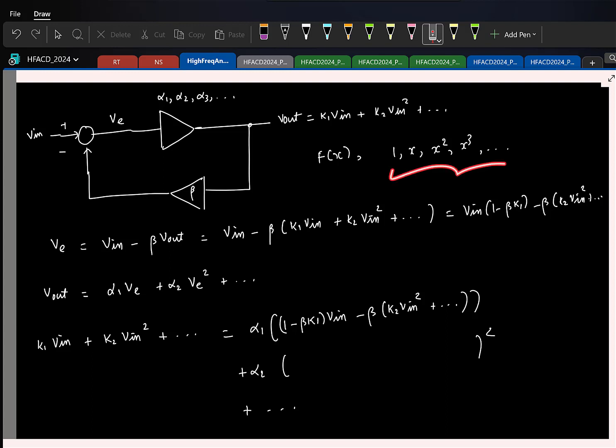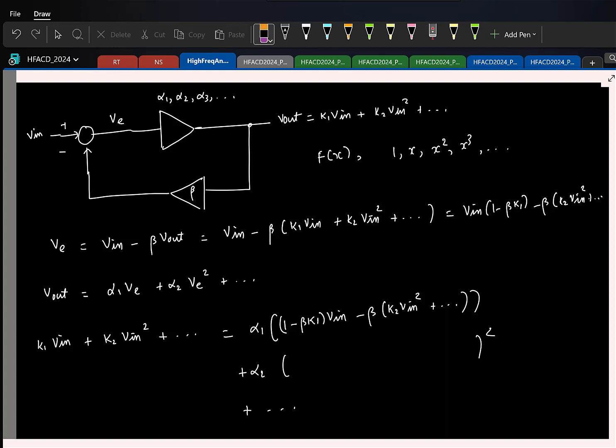Basically, these are all linearly independent. If they are linearly independent, by doing any linear operation, you cannot get one from the other, right? So that is why you can actually equate it. It's a linear operation that is being done. There is no way in which you can get V in square by doing a linear operation on V in cube, etc. Which guarantees that the two sides' coefficients have to match, right?